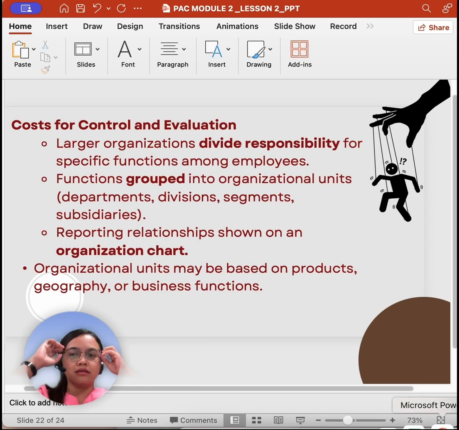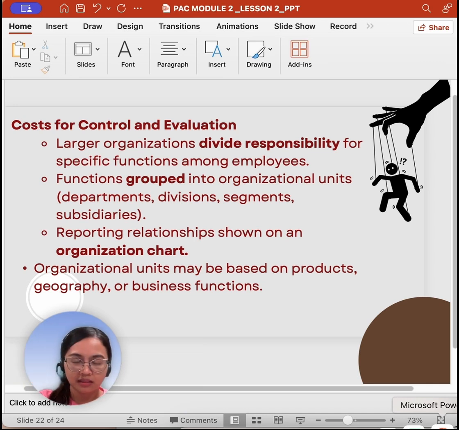Next is cost control and evaluation. Larger organizations divide responsibility for specific functions among employees. Functions are grouped into organizational units like departments, divisions, segments, and subsidiaries. Reporting relationships are shown on an organizational chart. And organizational units may be based on products, geography, or business function.